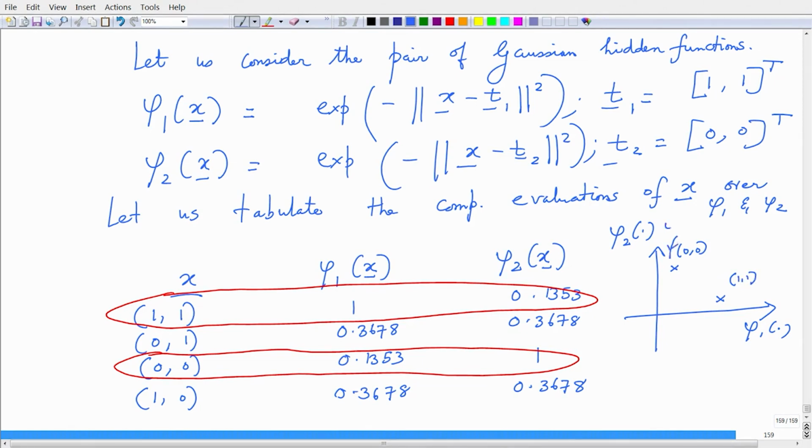I just put this arrow indicating this, and both of these 2 points which I indicate in the black color, which are 0 comma 1 and 1 comma 0, map to the same point which is 0.367, 0.367.